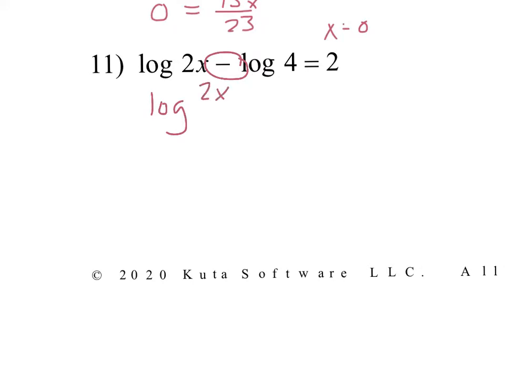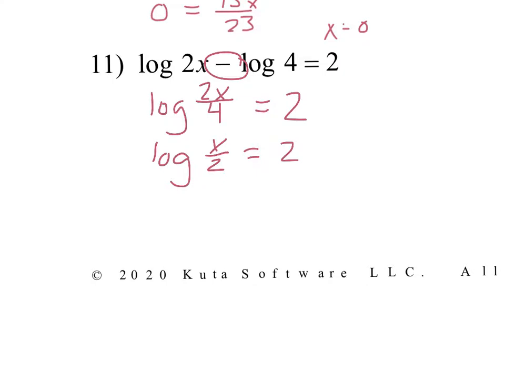So we have the log of 2x over 4, and then that's equal to 2. Now, we can simplify this into the log. So 2 divided by 4 is just 1/2. So we have the log of x over 2. So I just simplified that. But you'd get the same answer if you don't simplify it right away.